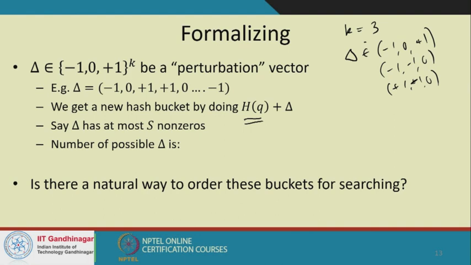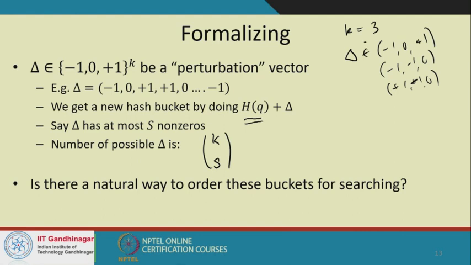So for instance, think of S equal to 1. That is, I only want to look at buckets that differ from the original bucket in only one position. Then, for a general S, what is the possible number of this delta? You have to choose S positions from k positions, that happens in k choose S ways.